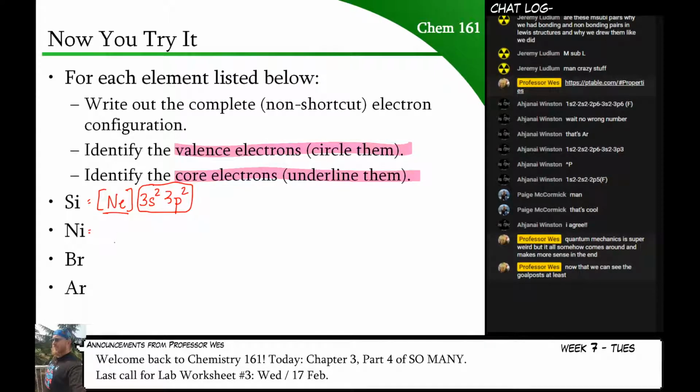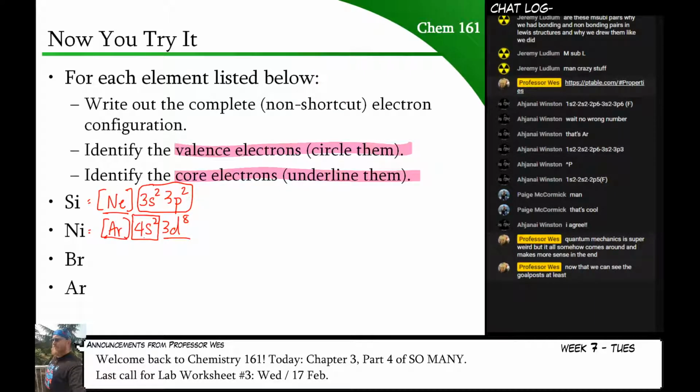For nickel, we've got argon, 4s2, 3d, and I want to say 8, right? Yeah, 8. All right. What's the highest n? N equals 4. So these will be my valence electrons, and these will be my core electrons. Now, your textbook will count those d electrons as valence electrons, but for our purposes, don't worry about it.